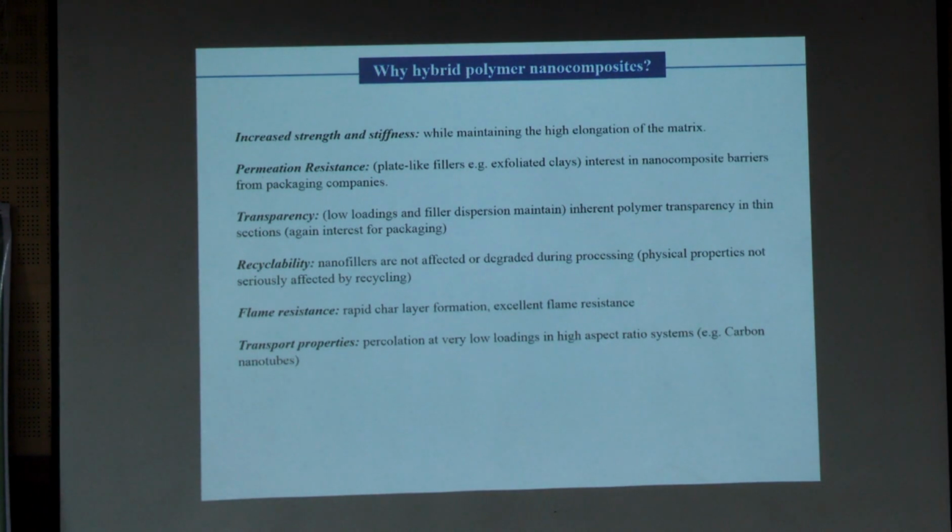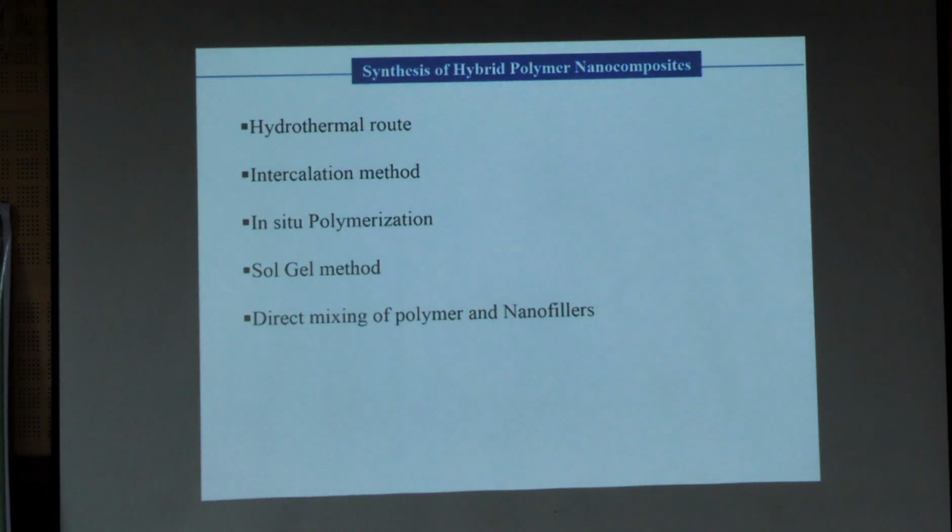Then we are going for hybrid polymer nanocomposites. These hybrid polymer nanocomposites we can manufacture by different processes, like hydrothermal route or intercalation method or polymerization or sol gel process, or maybe direct mixing of polymers and nanofillers or nanotubes or whatever you require. I am not going into the details of each process.